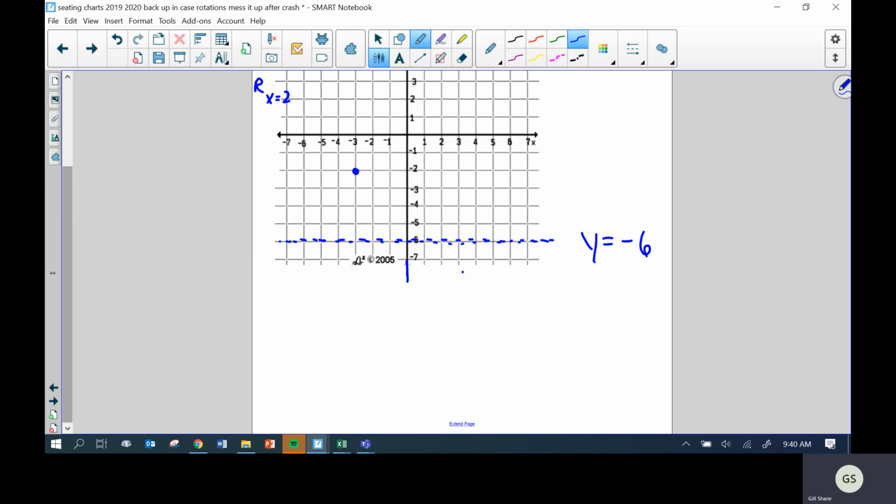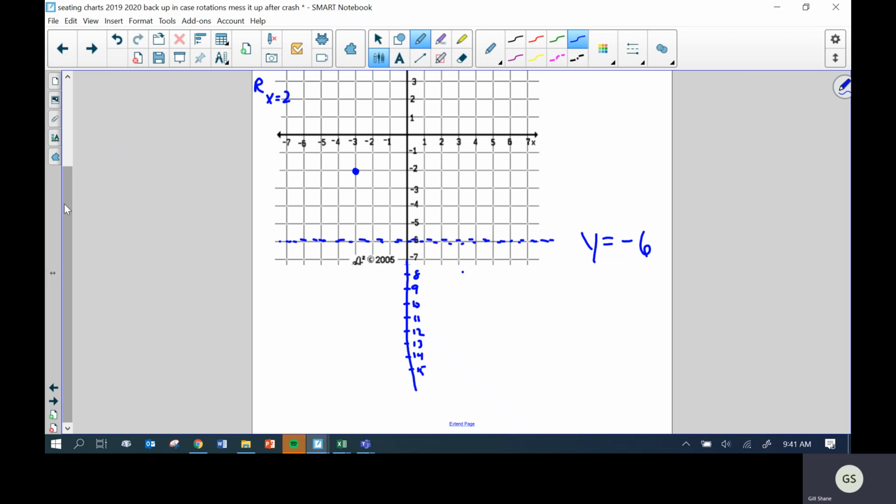So I'm going to make this a larger graph: 8, 9, 10, 11, 12, 13, 14, 15. You can go as far as you want to. I'm not going to write the negatives in. Hopefully you understand that these are all negative. All right, so now I've gone all the way down to -15.